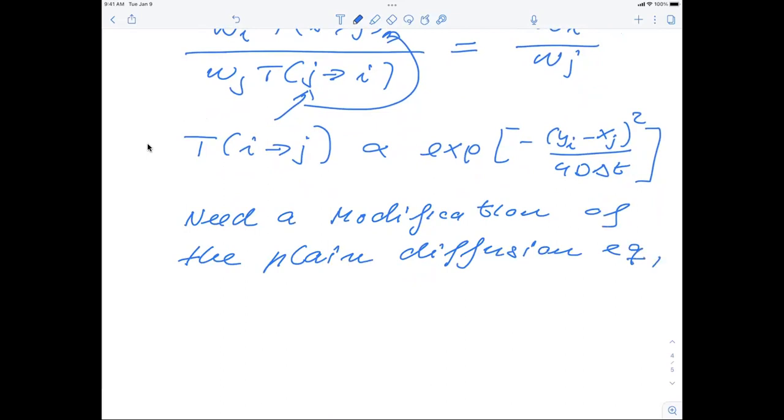The first kind of modification, which has been used widely in transport theory and in fluid mechanics, is something we call the Fokker-Planck equation.